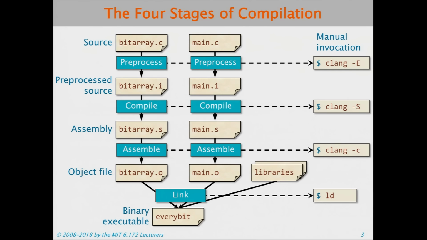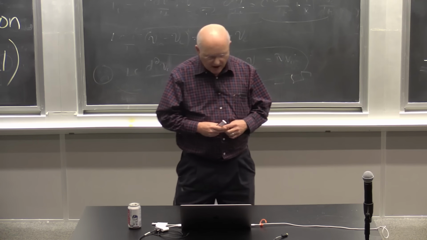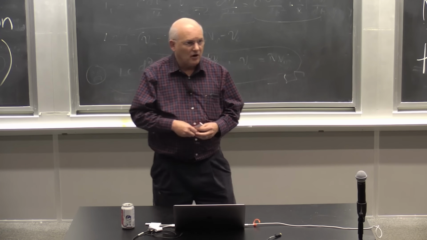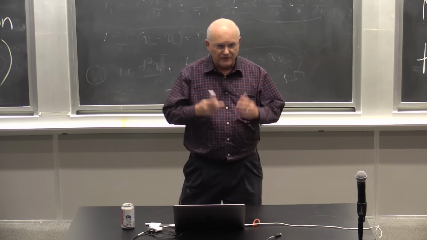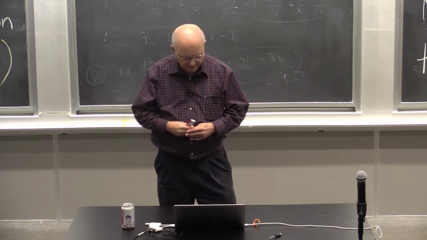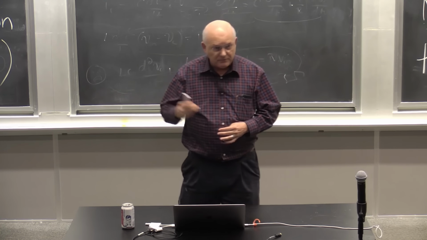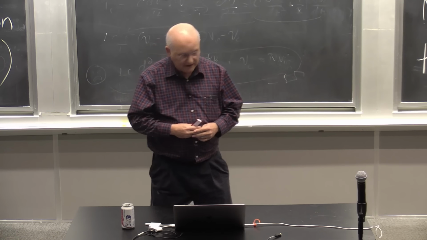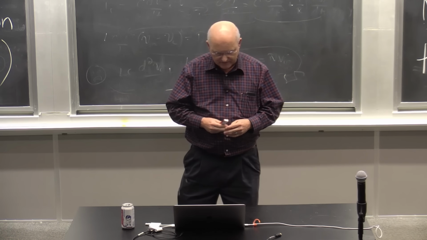Then you compile it, and that produces assembly code. Assembly is a mnemonic structure of the machine code that makes it more human readable than the machine code itself would be. And once again, you can produce the assembly yourself with Clang -S.